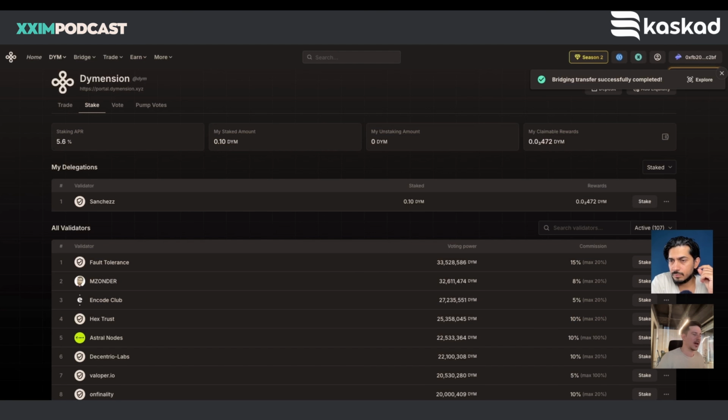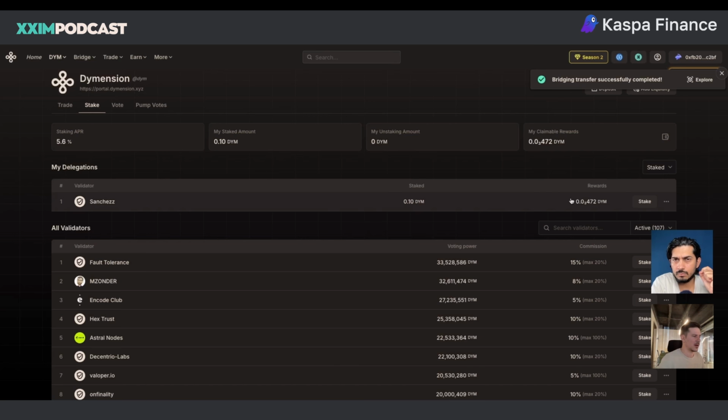The current version has a subset. The idea is to have every one of them, but for simplicity in the first version, it's an M of N multi-sig address for, I believe, 8 validators right now, and we'll grow as much as we can in terms of the technical development.